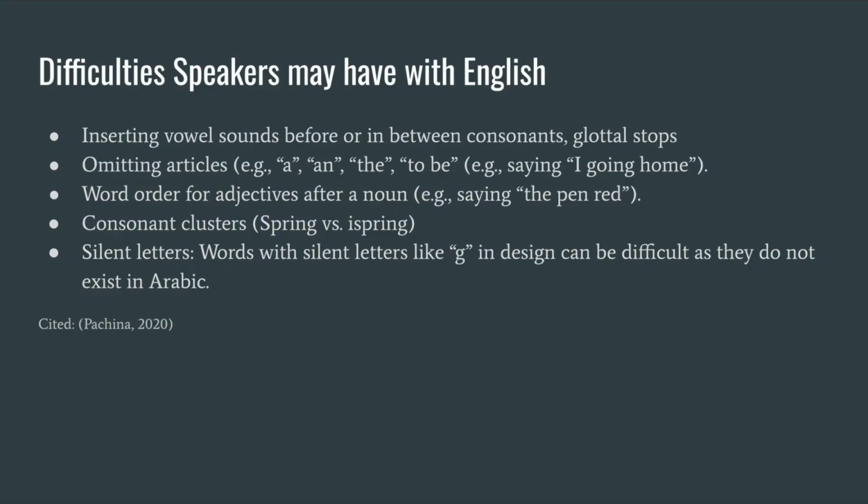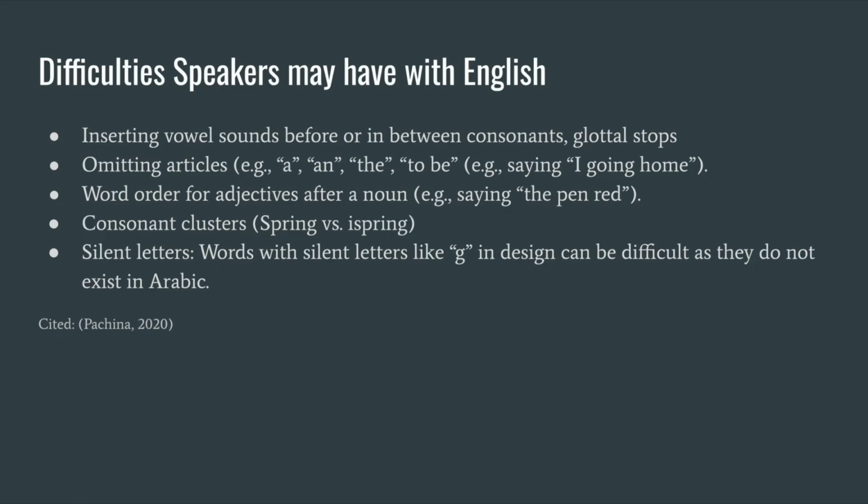Additionally, silent letters are also not found in Arabic. So take the word design, that when spelled out in English has a silent G.